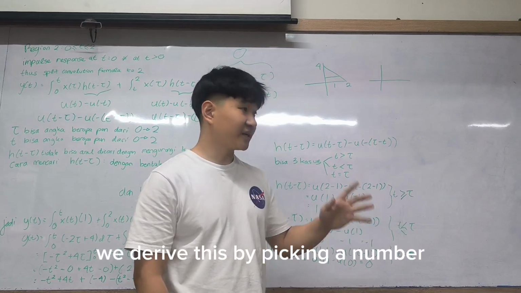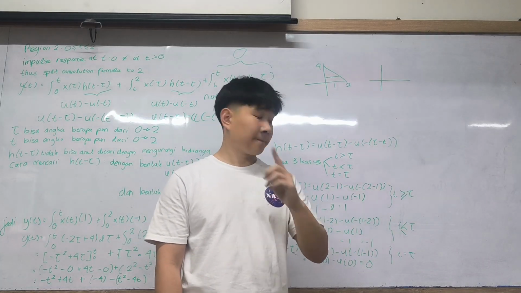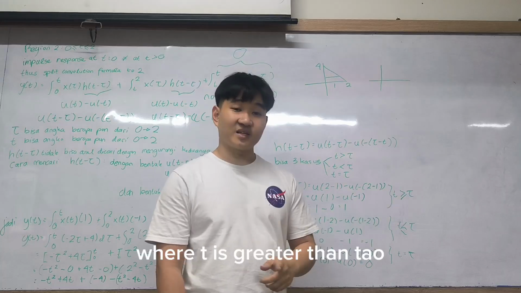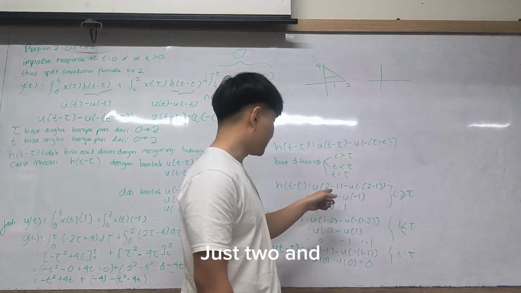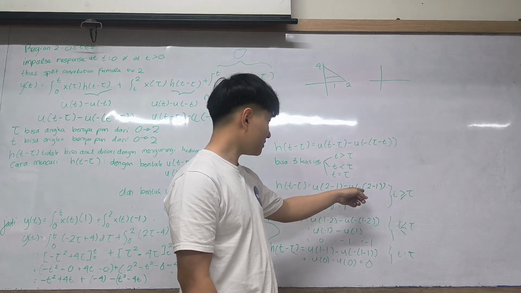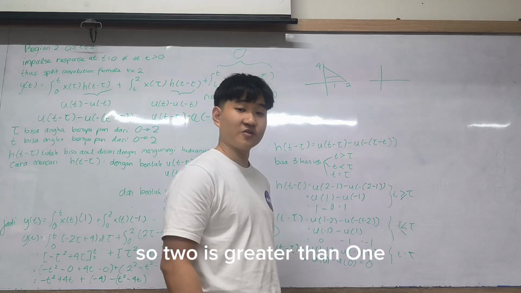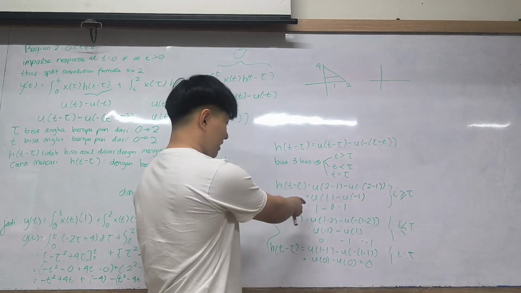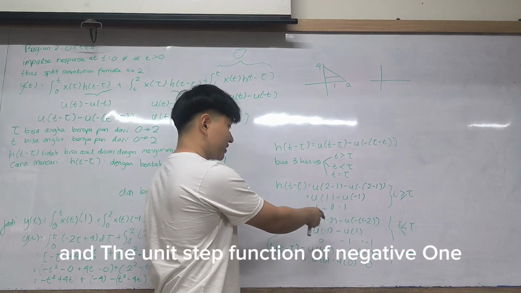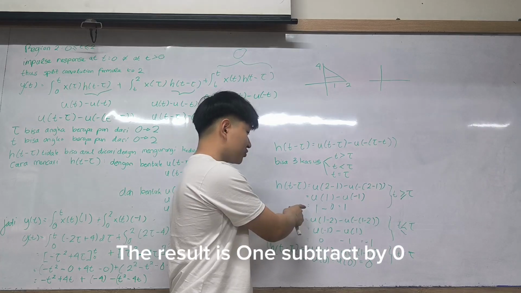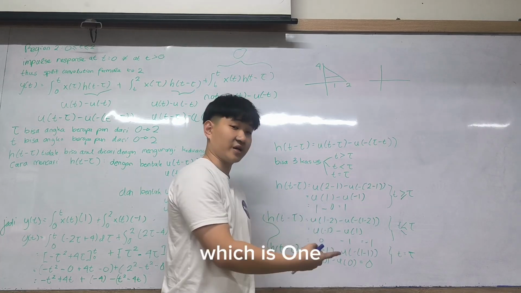We derive this by picking a number where t is greater than tau, which is 2, and the tau is 1. So 2 is greater than 1. The unit step function of 1 and the unit step function of -1. The result is 1 subtracted by 0, which is 1.